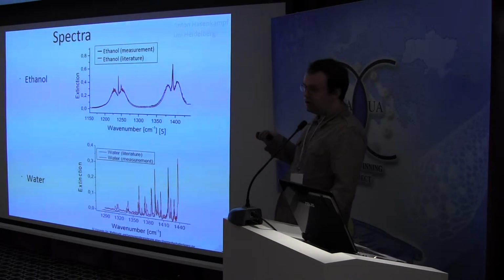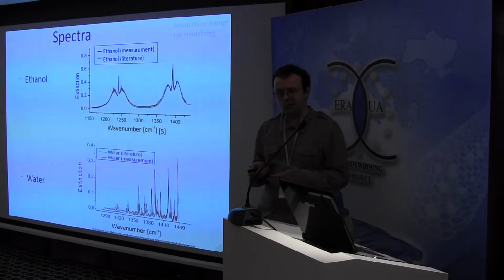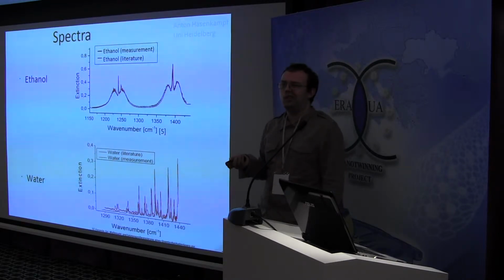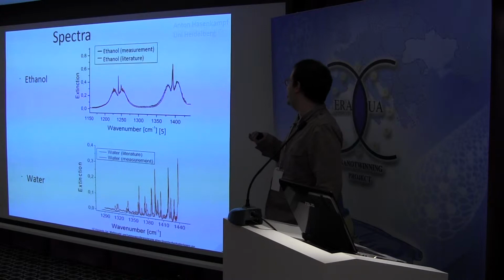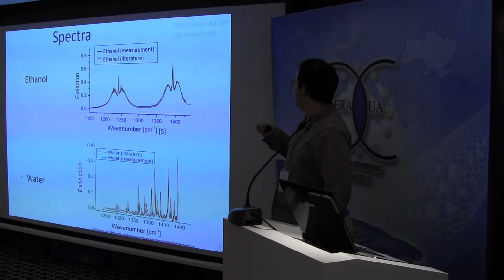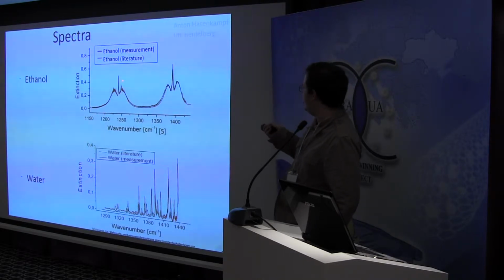And it works. We really already built a setup, and here you see the spectra of ethanol. It's alcohol, it's in vodka or whatever people normally drink. The black curve is our measurement, and the red curve is literature, and it fits quite well.